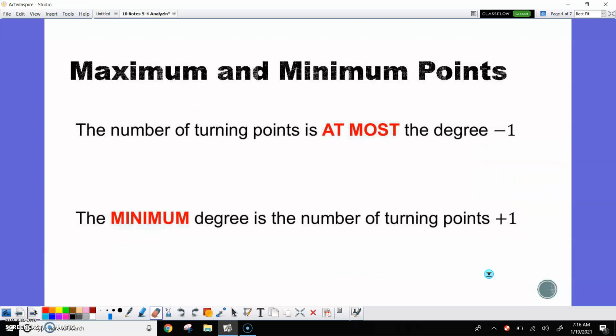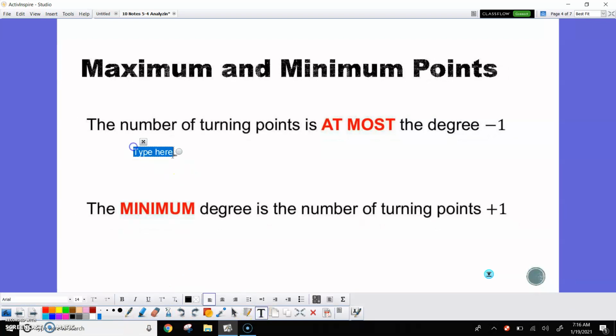The number of turning points is at most the degree minus 1. So let's say, let me make a polynomial function here.